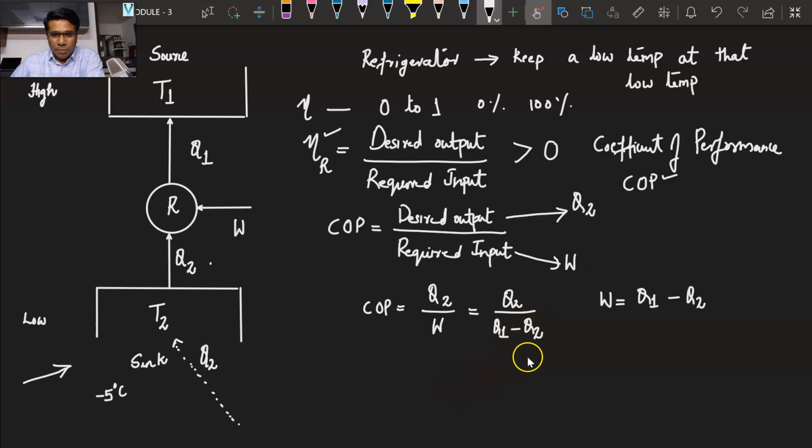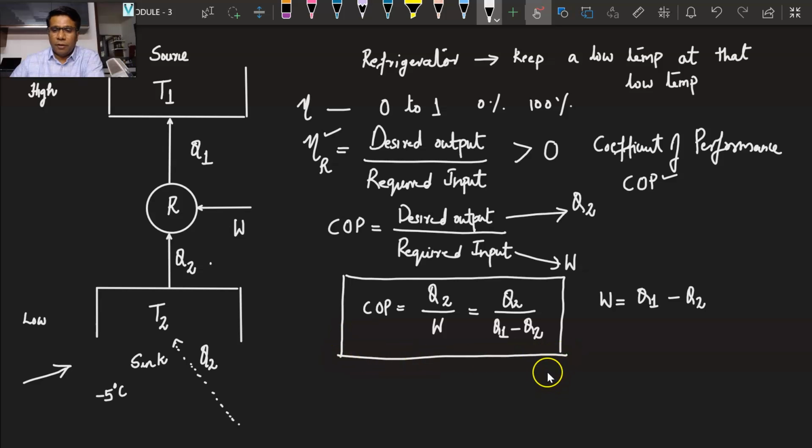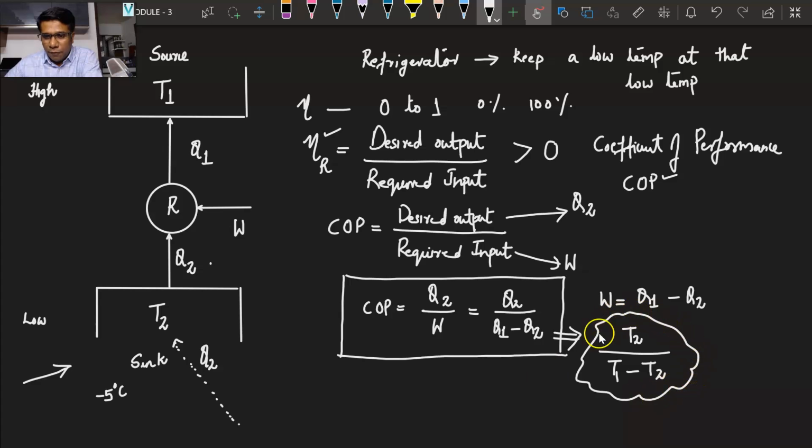This is another possibility, and it can be used to find the COP of a refrigerator. Again, I can write this in terms of temperature. It can be written as T2 by T1 minus T2, considering this as a reversible refrigerator.